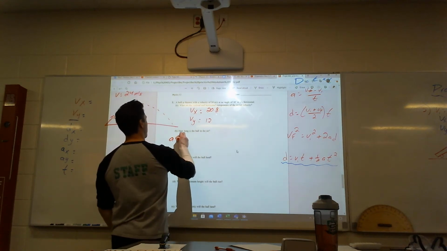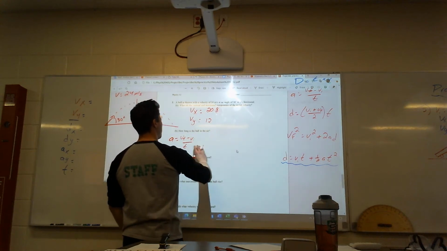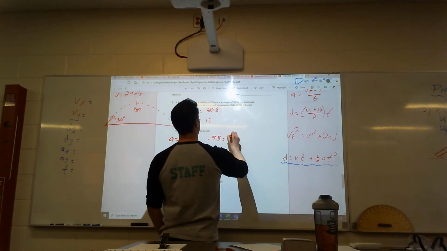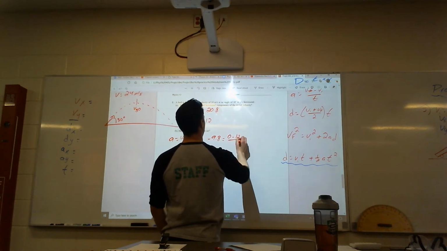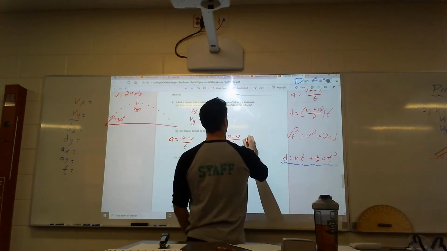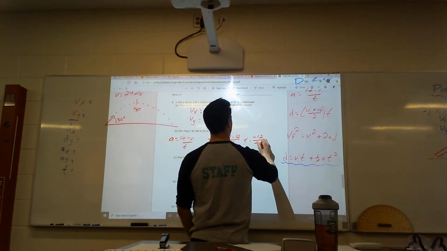This is the formula that I'm going to use, and let's plug in some numbers. Negative 9.8 equals 0 minus 12 over time. That's what I want, so time equals negative 12 over negative 9.8, which gives you 1.22.